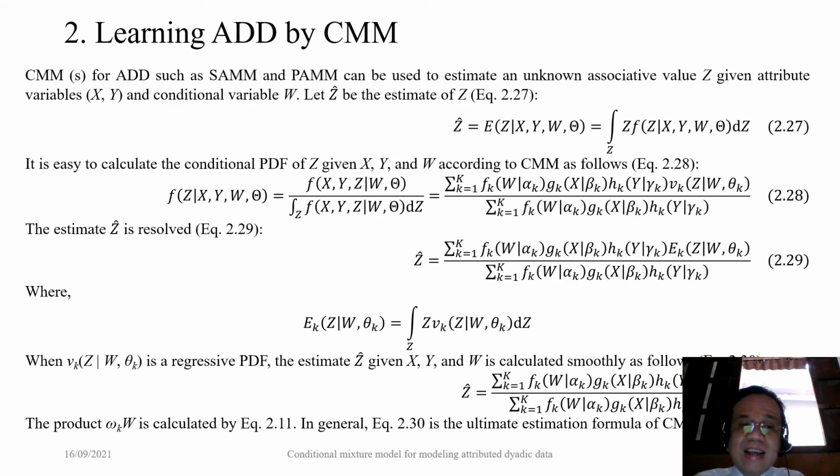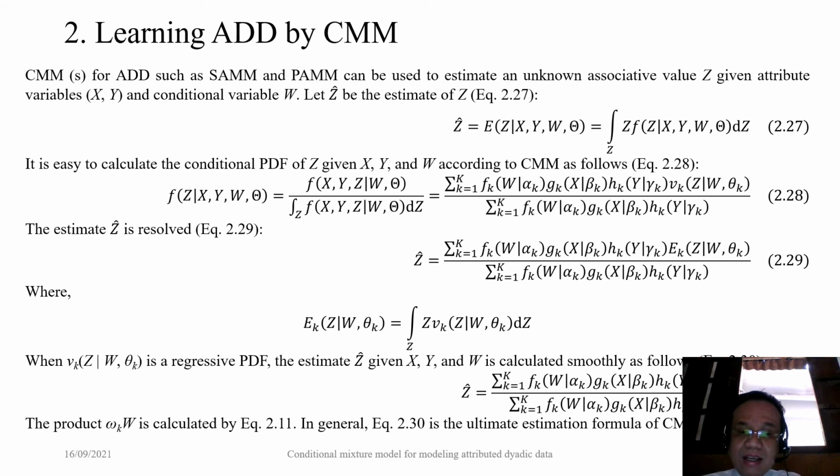CMM for S such as SAMM and PAMM can be used to estimate the unknown associative value Z given attribute variables X and Y, and conditional variable W. Let Z hat be the estimate of Z according to equation 2.27. It's easy to calculate the conditional PDF of Z given X, Y, and W according to CMM, according to equation 2.28.